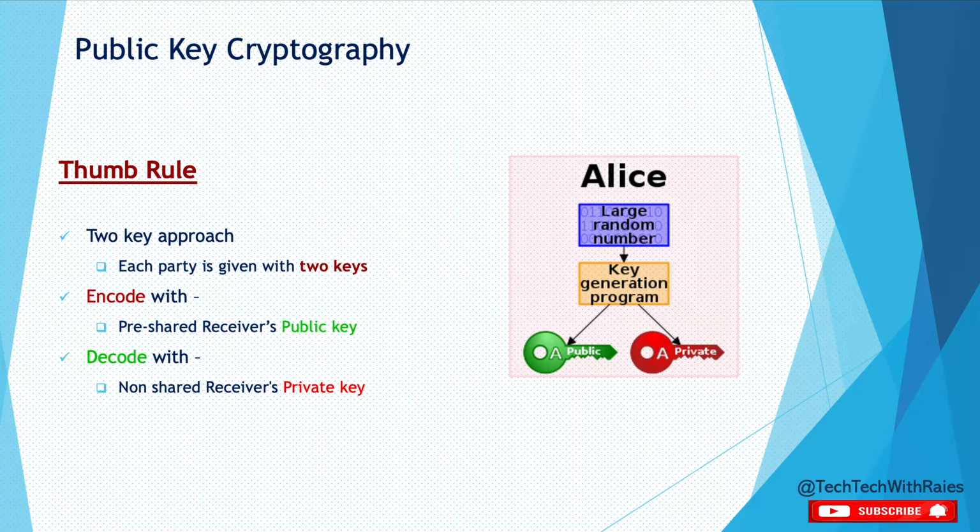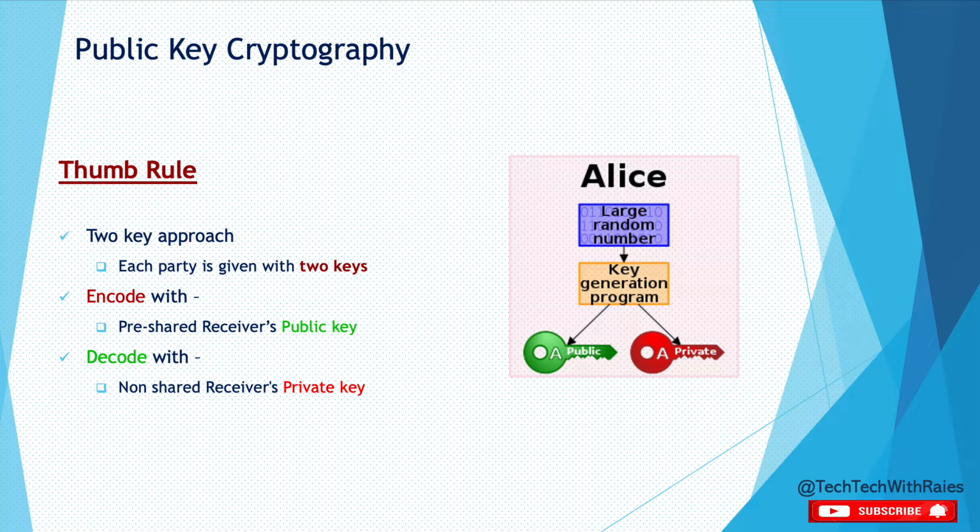In this slide we'll talk about public key cryptography, which is basically used for strong and reliable authentication, and this is also called asymmetric cryptography. In this model, every user is provided with two keys.